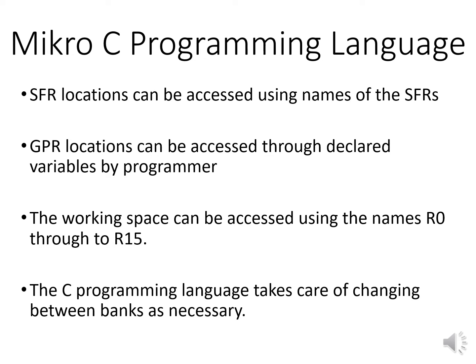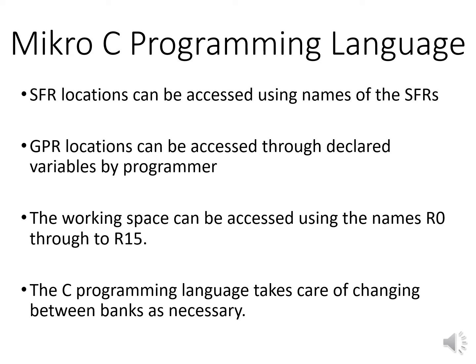The working space can be accessed using the names R0 through to R15. R0 refers to the lowest address in the working space, and R15 refers to the highest address in the working space. Remember, the working space is the last 16 locations in each bank of the data RAM. And remember, the working space is mirrored in all the 4 banks.